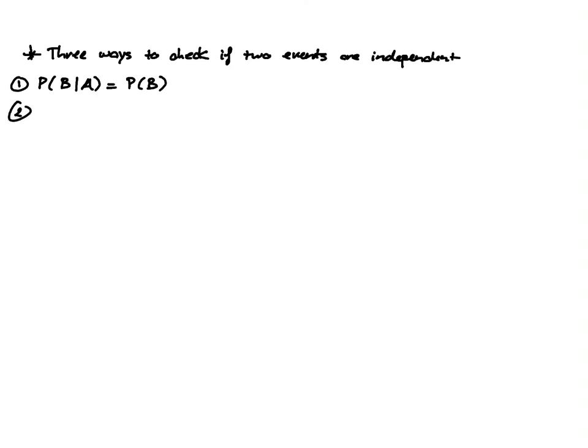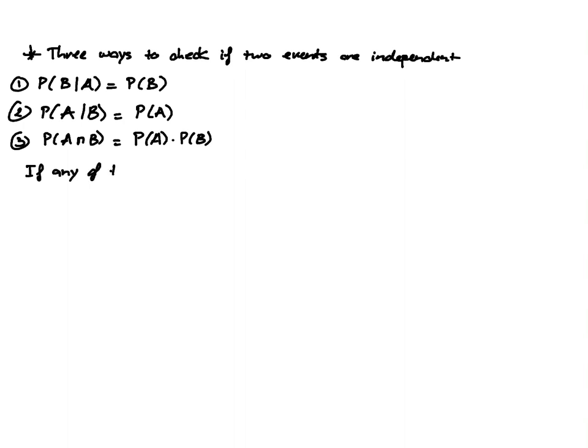Or you can find the probability of A given B and compare that with P(A). Or you can find the probability of the intersection of A and B and then compare that with the product of P(A) and P(B).